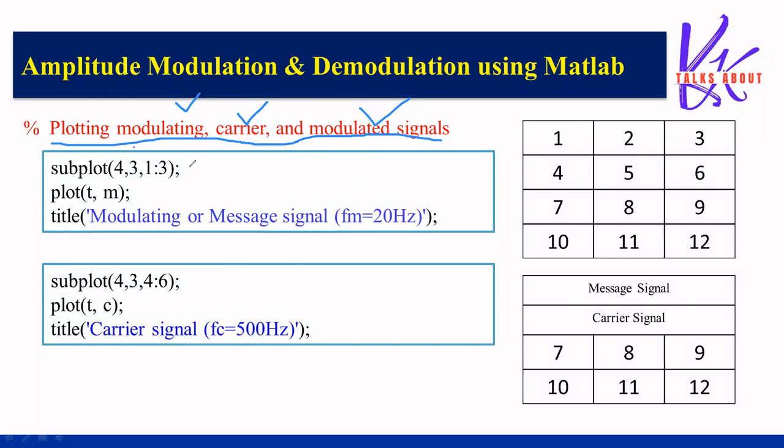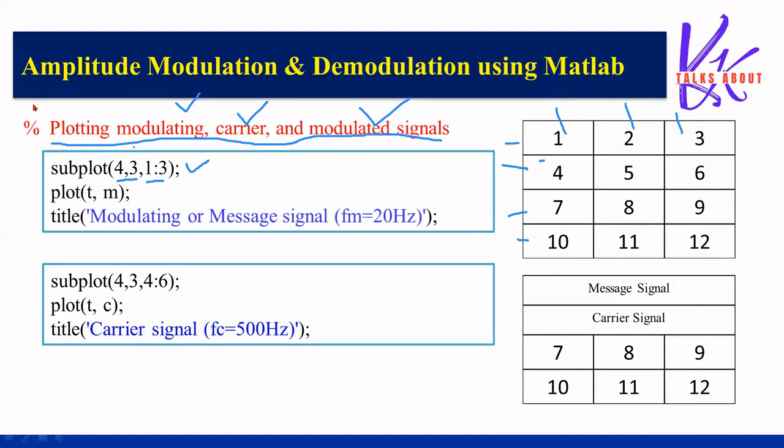For that I am using a function called subplot. This subplot of 4 comma 3 comma 1 to 3 defines a matrix which has 4 rows and 3 columns.